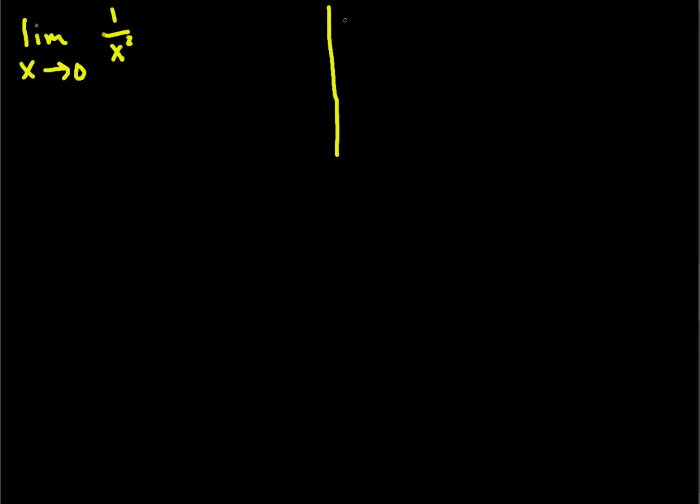Let's let x be infinitely close to 0. Well, if x is infinitely close to 0, this means that x is an infinitesimal. So if x is an infinitesimal, and now I'm going to put it into our function, then 1 over x squared.